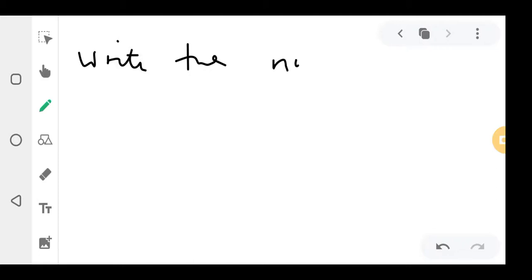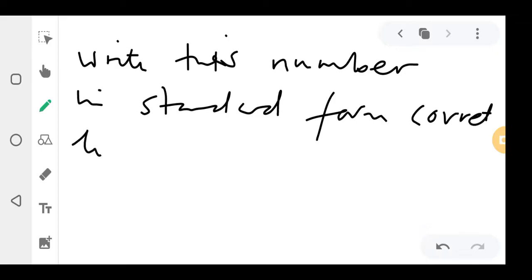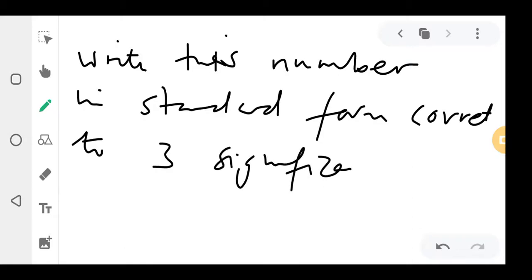Write this number in standard form correct to 3 significant figures.